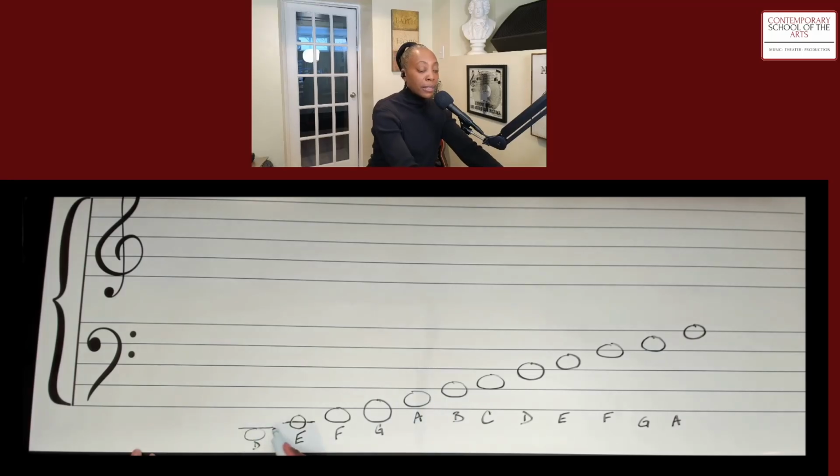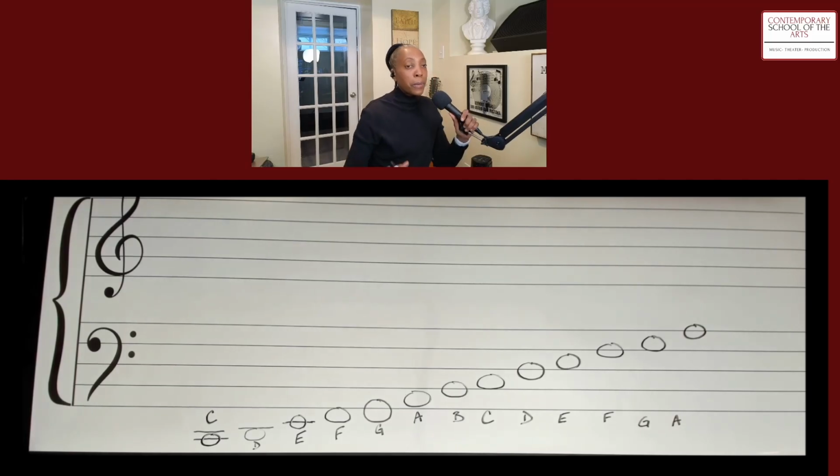And so I'm going to continue adding that ledger line, that short extra line to extend the bass clef below. And now, in order for me to make this a line note, I have to add another ledger line and then add my note head. And this would be note C. I'm going to put note C right here since I'm falling out of my camera range, okay? And we're going to stop right there.